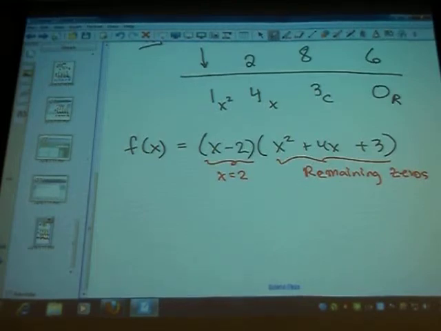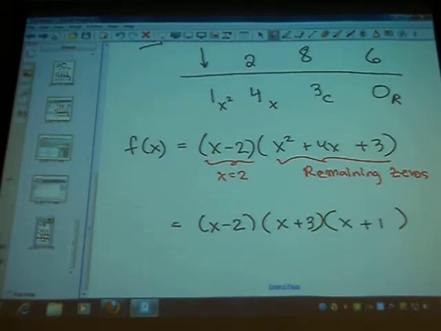Now what can I do with that quotient to find zeros? You can factor it, right? So how would x squared plus 4x plus 3 factor? X plus 3 and x plus 1? That sounds good.